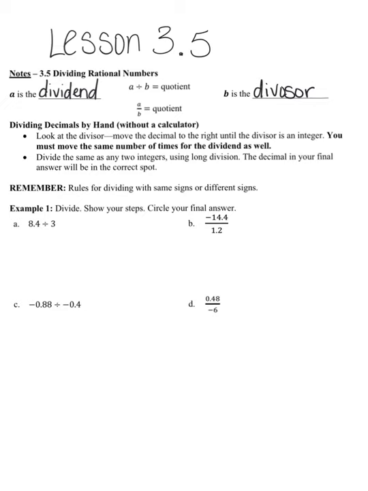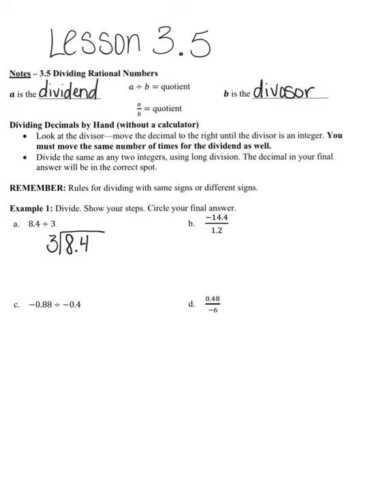So let's look at example 1A. We've got 8.4 divided by 3. Because our divisor does not have a decimal point, we do not need to worry about moving the decimal point in the dividend.